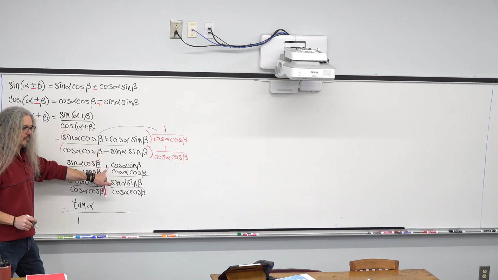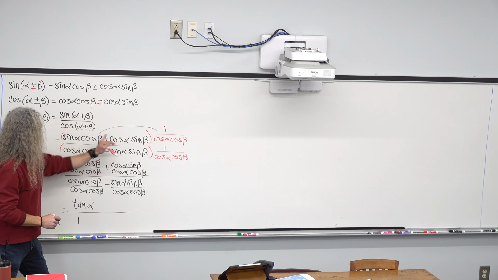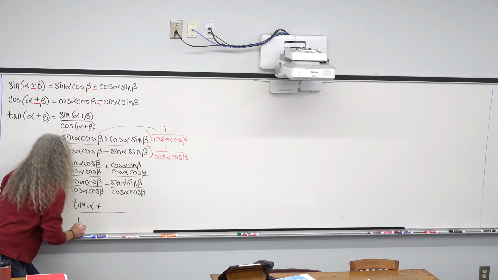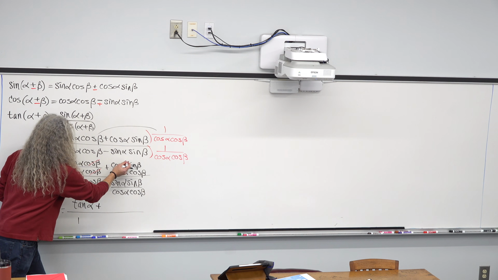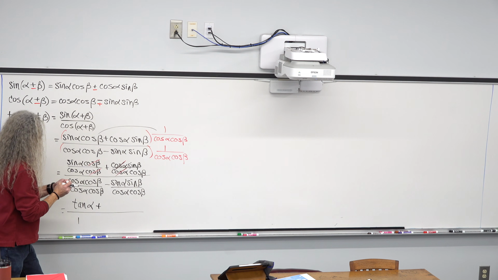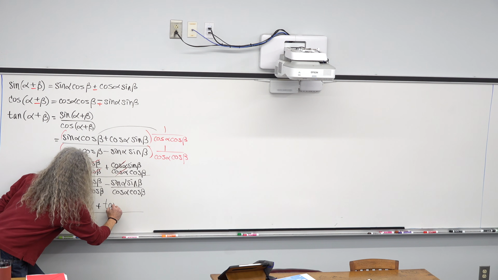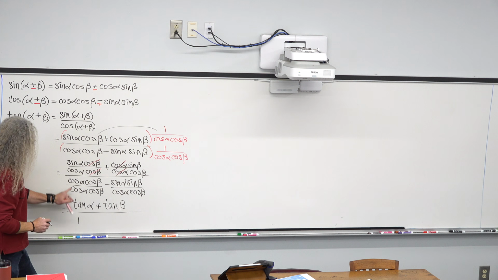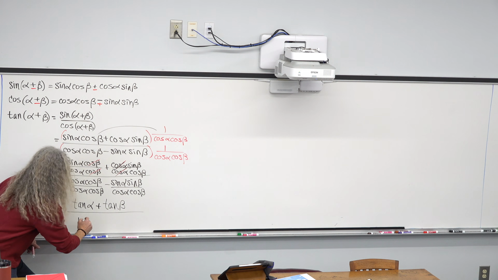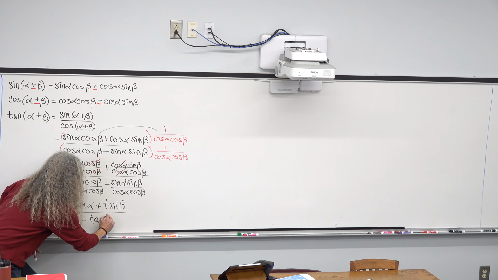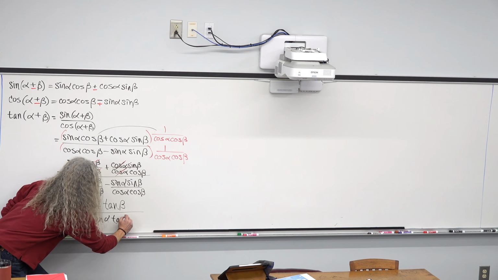We have the plus in the numerator. That sign is staying the same because in the numerator we have the sum of the sine of alpha plus beta. So plus the cosine alpha divided by cosine alpha cancels, and we have sine beta over cosine beta, which is tangent of beta. And then here's our 1 minus sine alpha over cosine alpha, which is tangent of alpha, sine beta over cosine beta, which is tangent of beta.